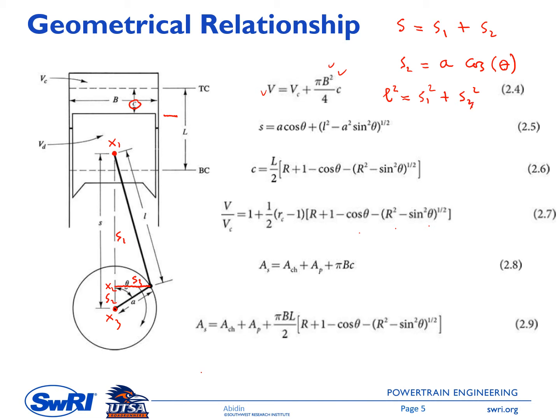And then I know that s3 here equals to a sine theta. Then you can substitute this s3 with this one, and then replace s1 by this correlation. Then you should be able to get this equation 2.5.